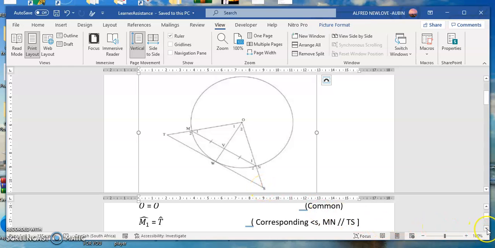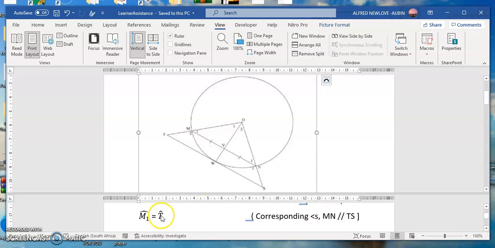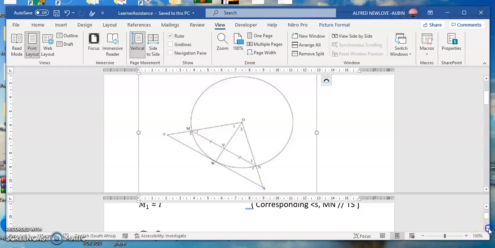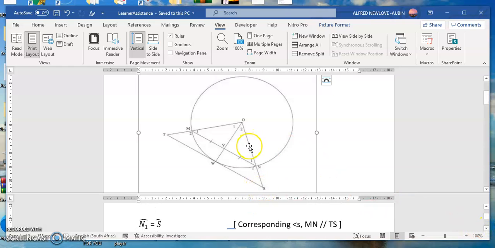Then the last one, you need only 3 points to prove. So if these two are equal, it means the other angle will also be equal. But we can still use corresponding angles as a reason. So N1 is also equal to S.